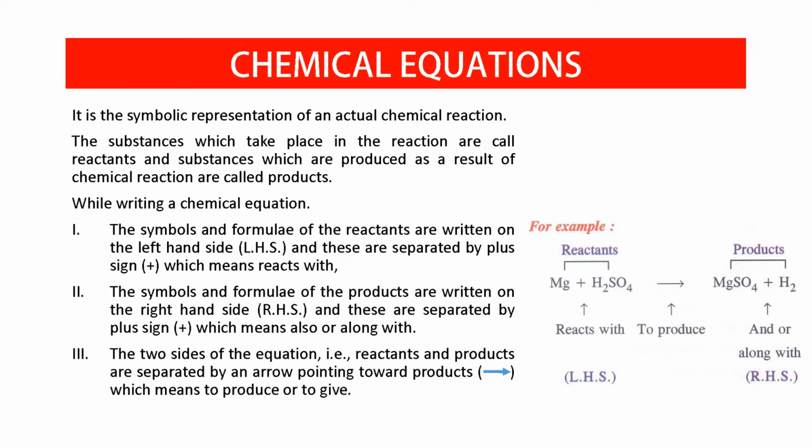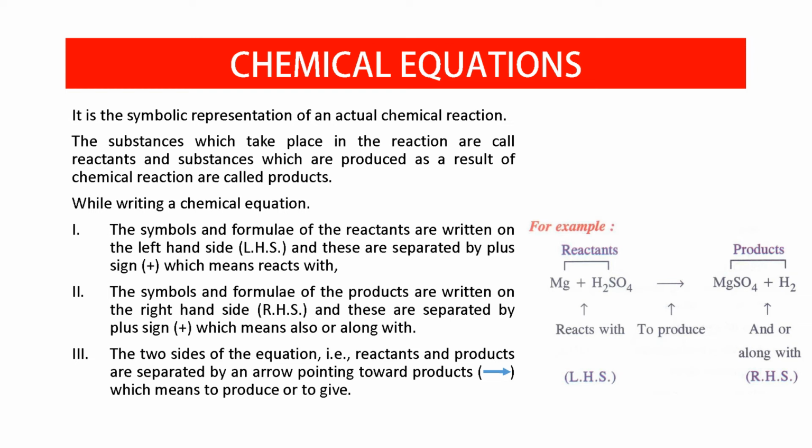So there are two terms, reactants and products. When writing a chemical equation, we write the symbols of the reactants on the left hand side and the symbols of the products on the right hand side. We separate reactants by the plus sign. What is the meaning of the plus sign? The plus sign means react. It indicates that two reactants are going to react with each other.